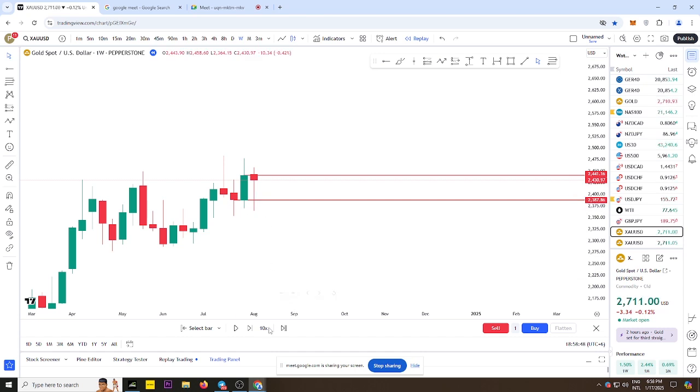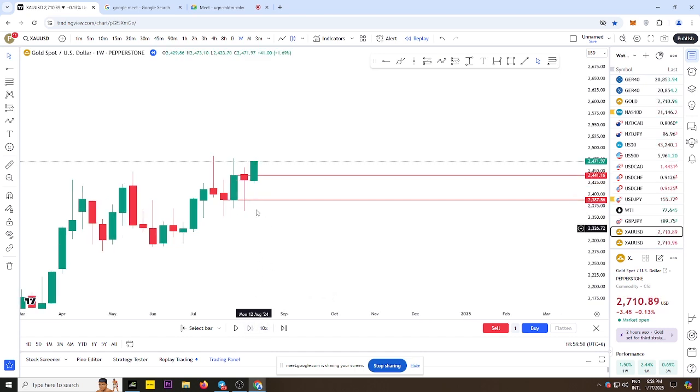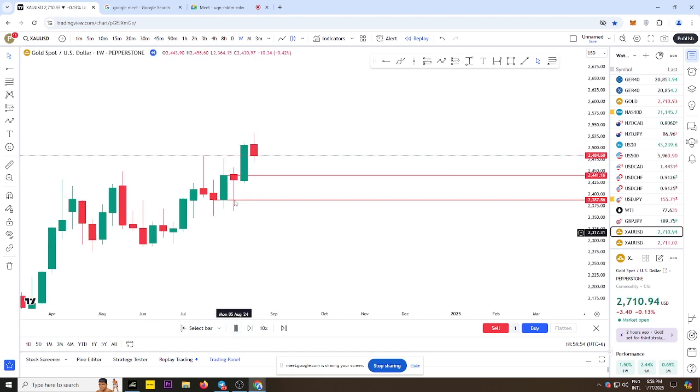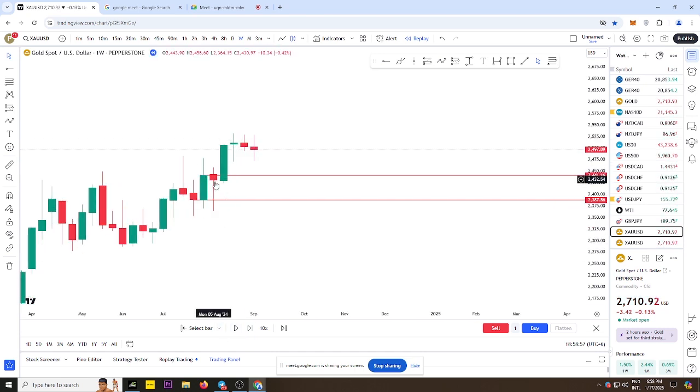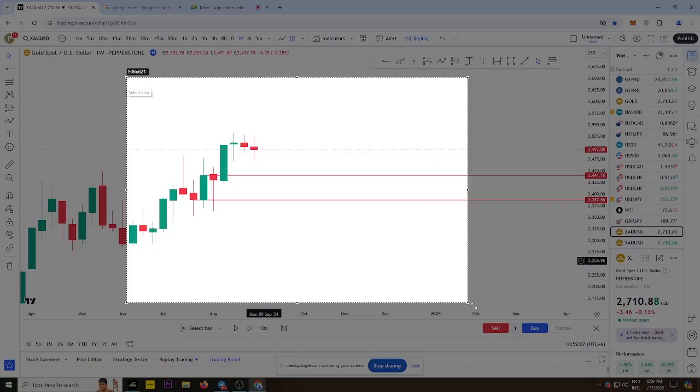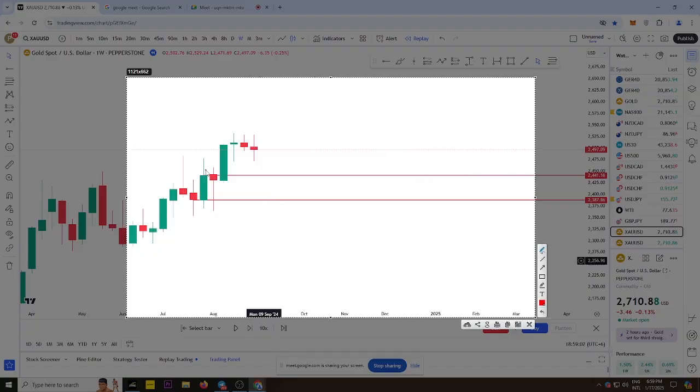Okay, so now what we see next, it goes up again, it goes up again. That means this A level got broken again. That means it remained fresh, no touch, it remains fresh.